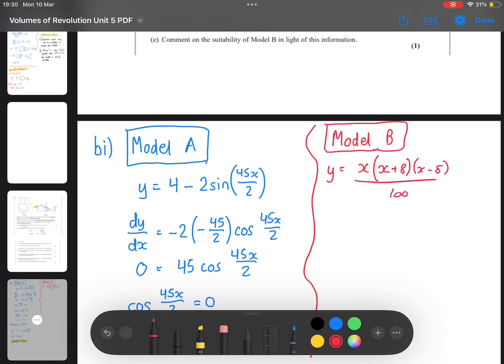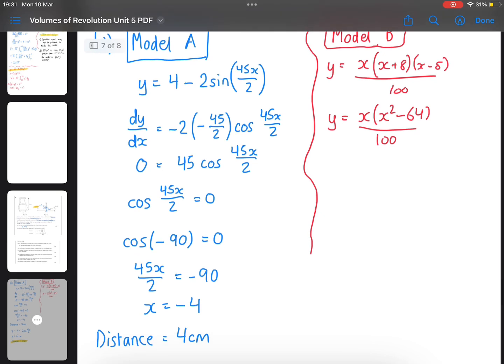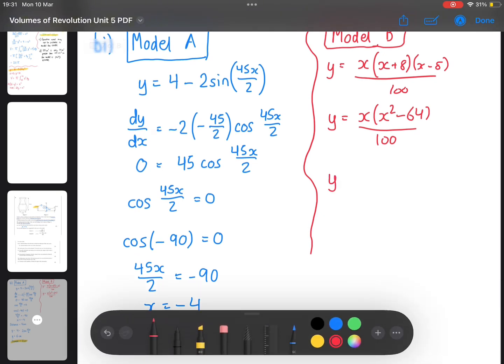And when I was doing this question, I decided to simplify using difference of two squares first, as that makes it a little bit nicer to expand. And then, of course, we're going to separate them out, as we'll be differentiating in a minute. So we have x cubed over 100 minus 64x over 100.